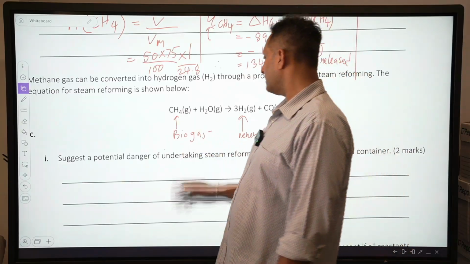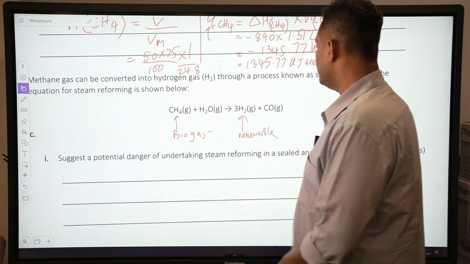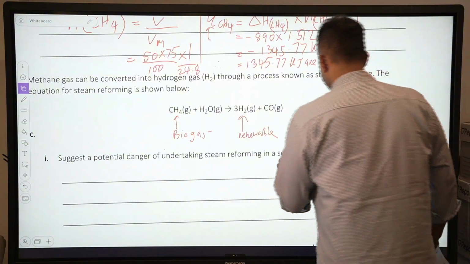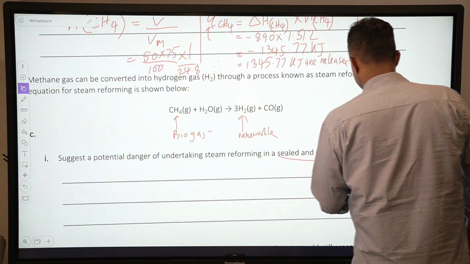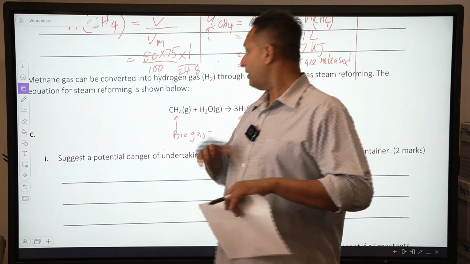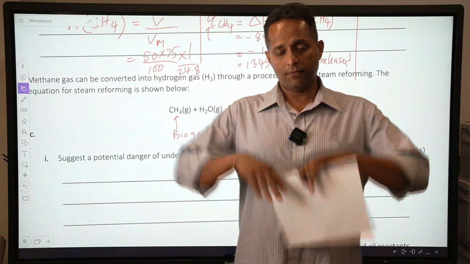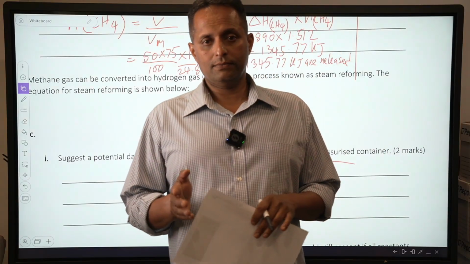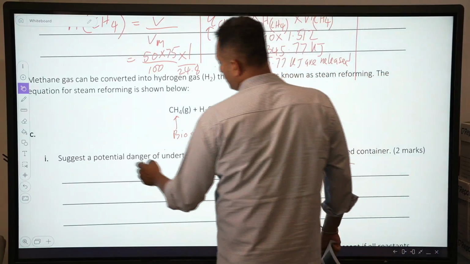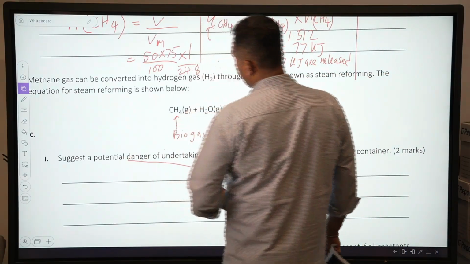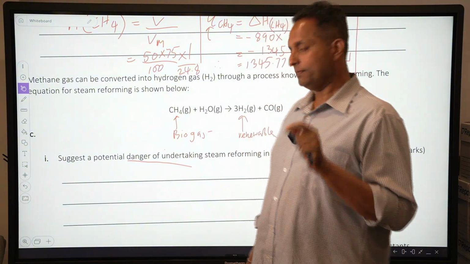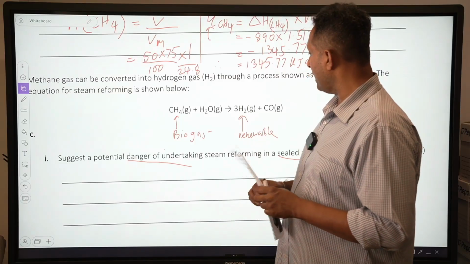The question is asking you, suggest a potential danger of undertaking steam reforming in a sealed and pressurized container. So you are doing this reaction in a sealed container. To understand the potential danger, we need to look at this reaction.